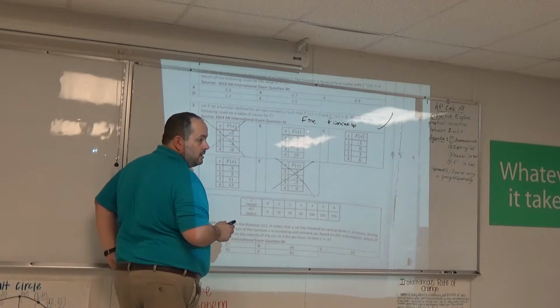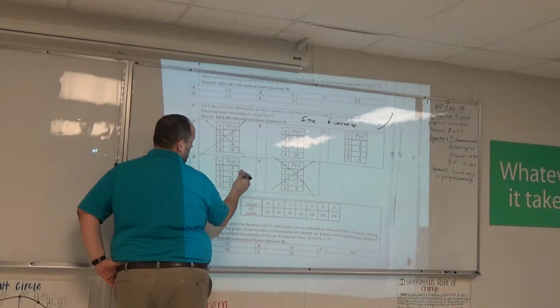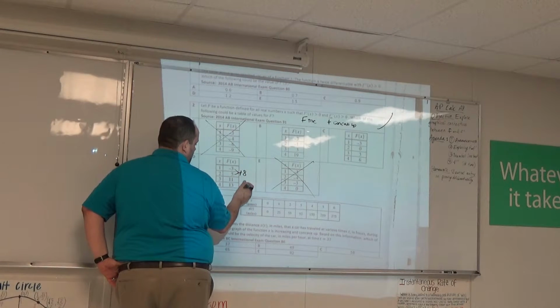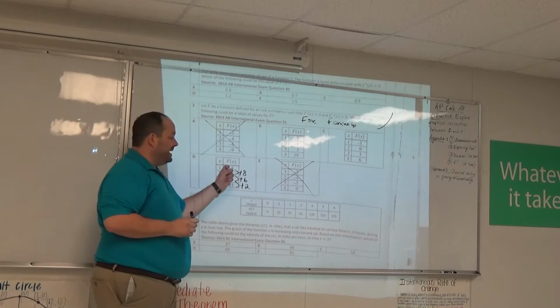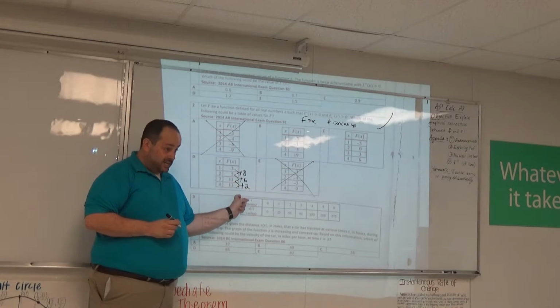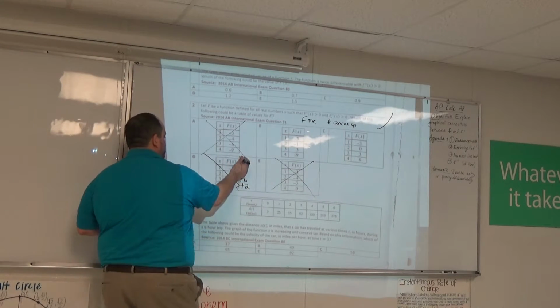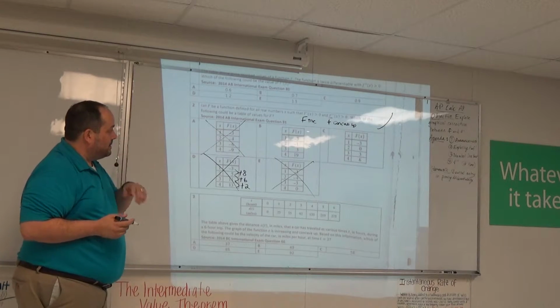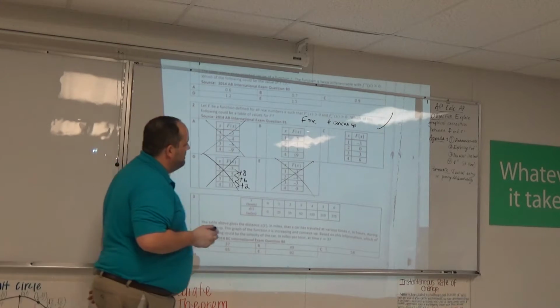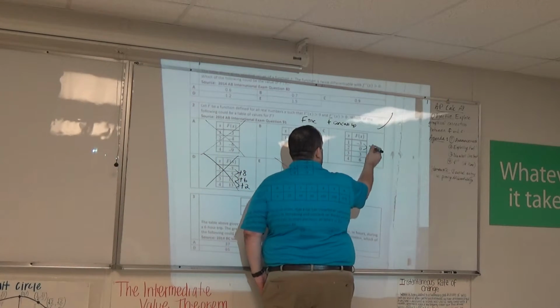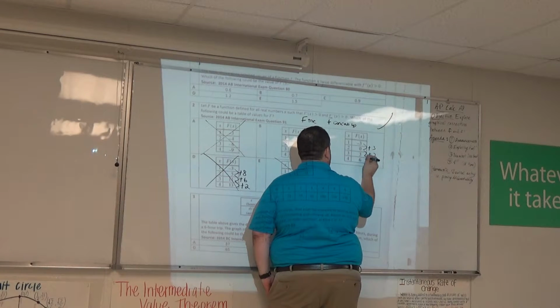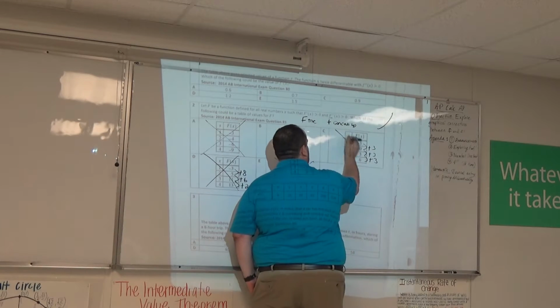Because the slope is positive, but we're going from +8 to +6 to +2. My slopes are decreasing. Not going to pick that. Lewis, give me another one that you're not going to pick. C. Why not? Because the slope is constant. Your slopes are constant. You're increasing by 3 every single time.